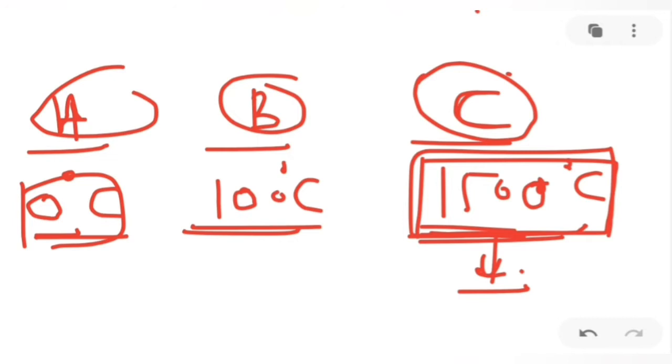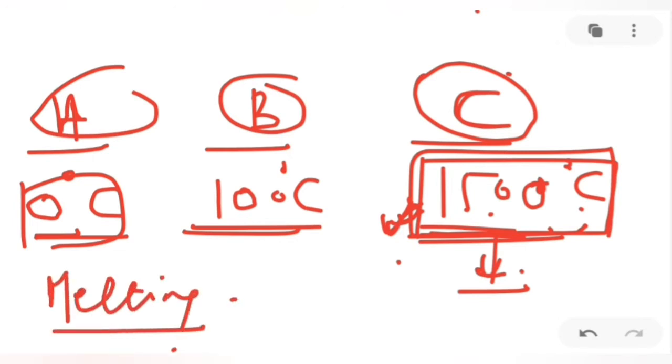That the higher the melting point of a solid substance, as in example C, the greater will be the force of attraction between its particles. Now when we are heating a solid sufficiently so that it is converted into a liquid and its physical state is changing, this process is known by the scientific term melting. So this was the first process.